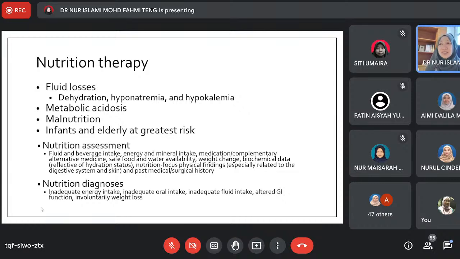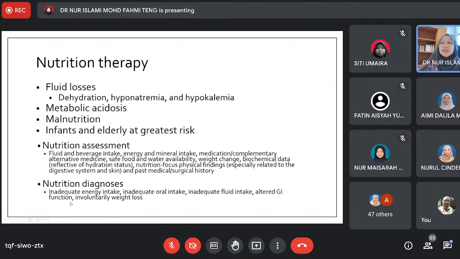If the case is severe, it may lead to metabolic acidosis and malnutrition, and infants and the elderly are at greatest risk of malnutrition and all these issues. So this is the nutrition assessment. We should assess fluid and beverage intake, energy and mineral intake, medication or complementary alternative medicine, water availability and all of this.